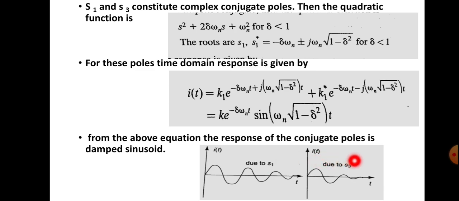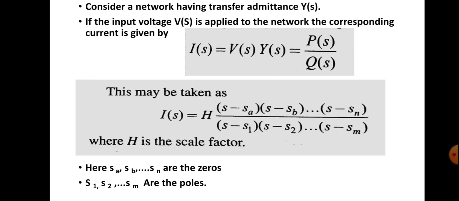From the graph, you can see that the response due to S3 dies faster than that due to S1. You can see it approaches 0 sooner compared to the one due to S1. That means the response due to S3 dies down faster than that due to S1. So this is the case of the complex conjugate pole.